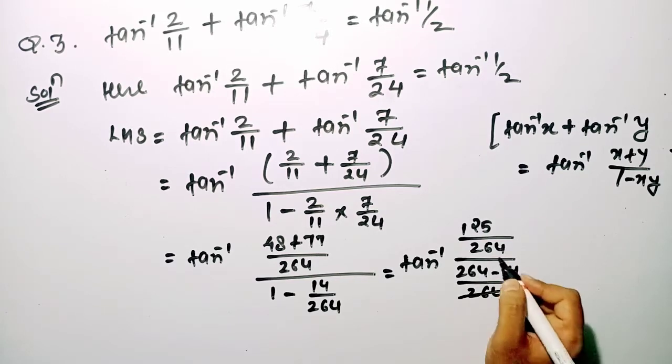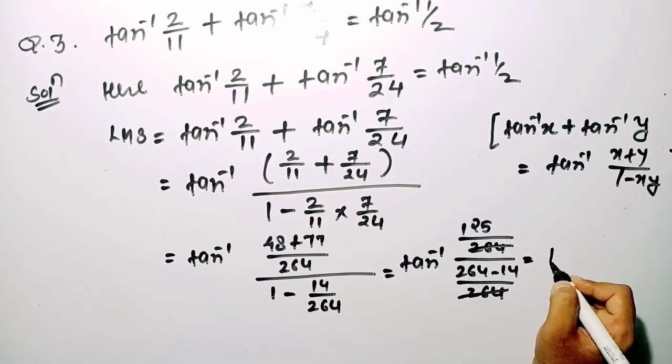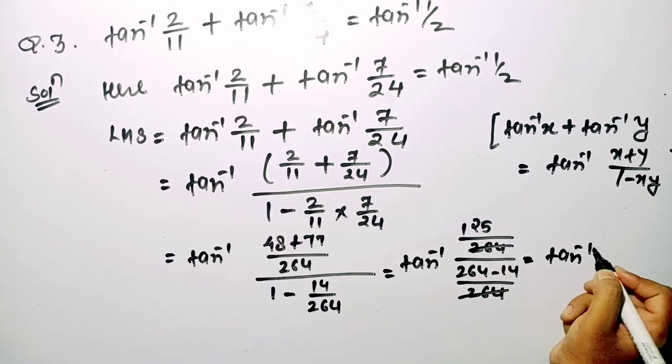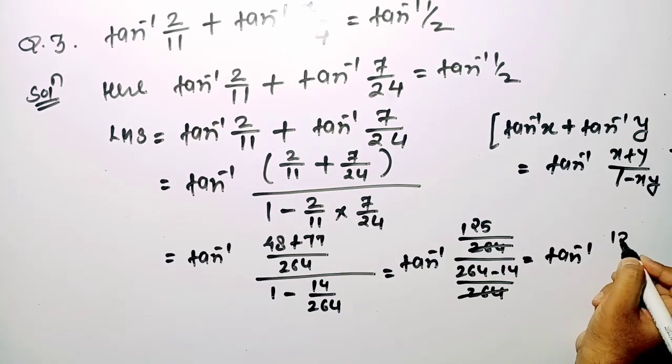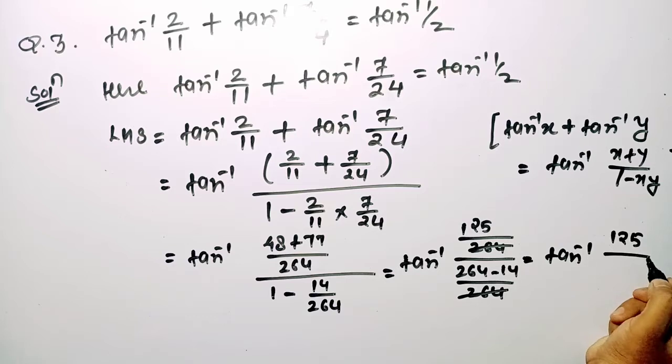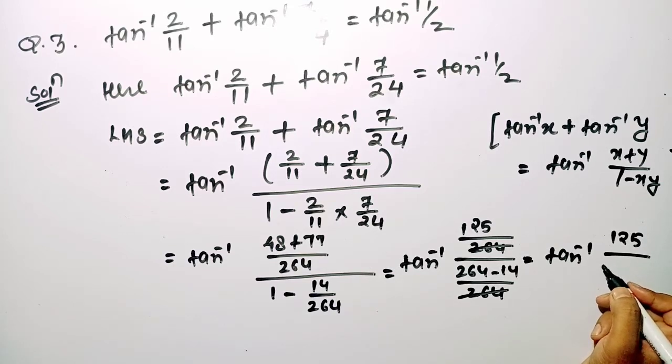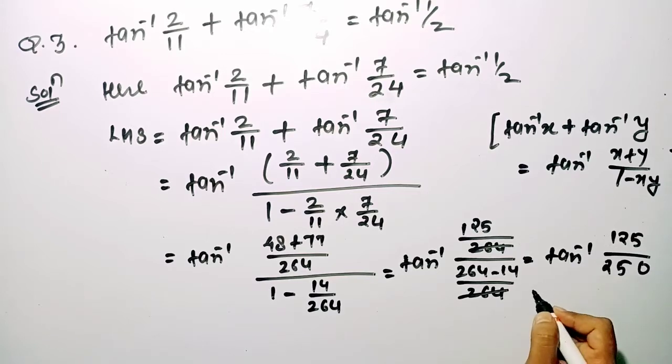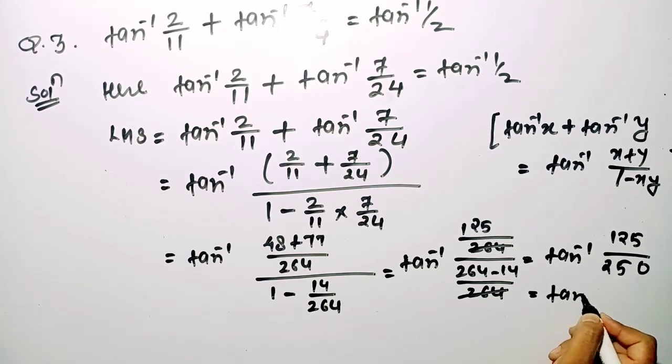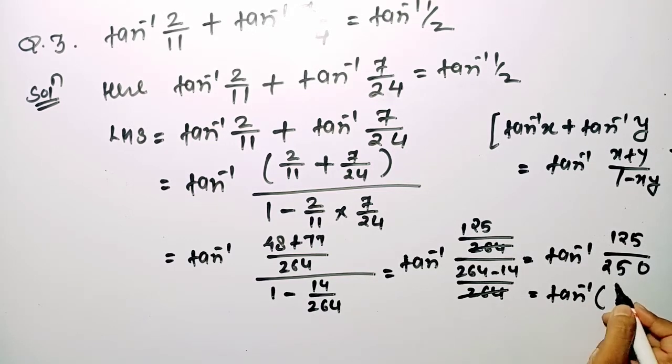Now 264 will be cancelled out, so we are getting tan inverse 125 divided by 264 minus 14. So 264 minus 14, 250. Okay students, so 250 will be cancelled by 125, so we can write 1 by 2. Okay students, here we have completed the proof.